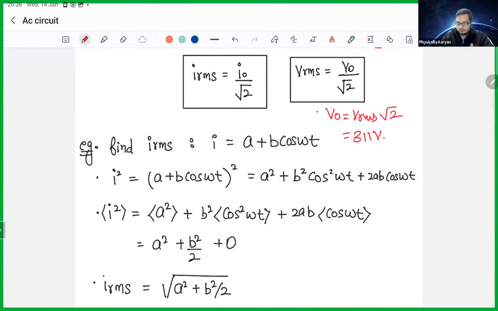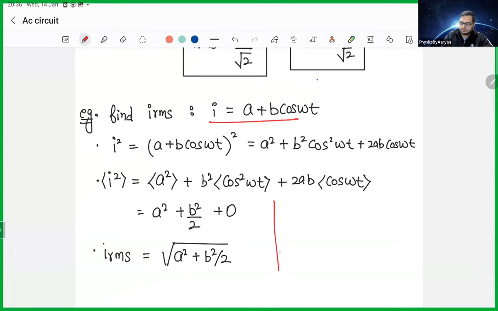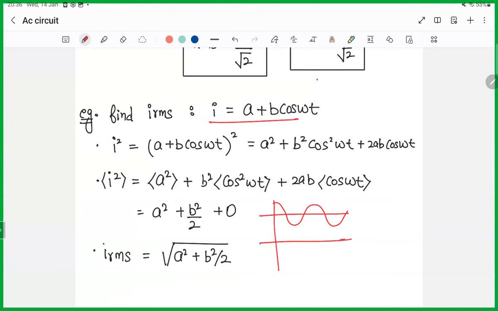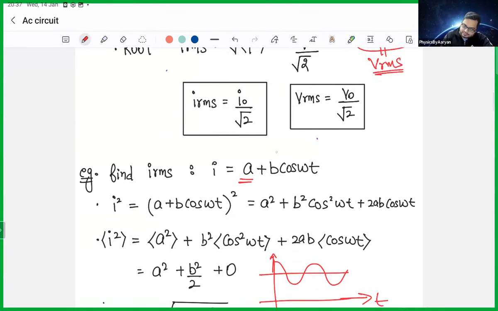Next, if I give you current like this, you see, this is the current. If I have to draw the graph of this current, do you think this graph is correct? All I have done is simply add a constant. So my entire graph will get lifted up. Do you think this current will also have an RMS value?